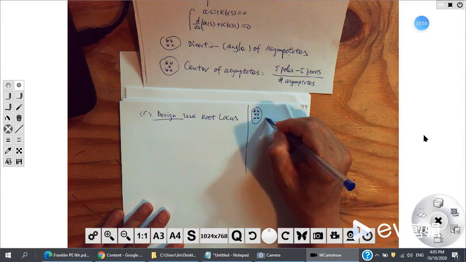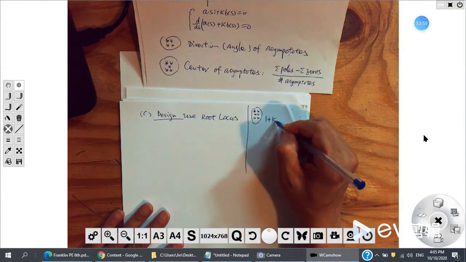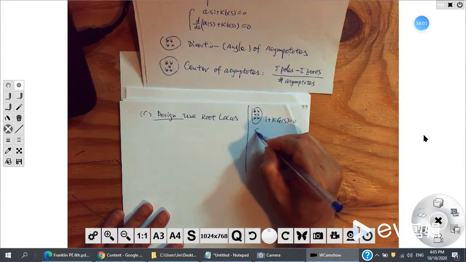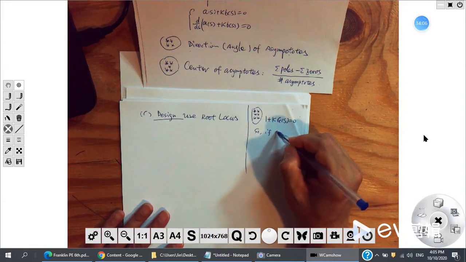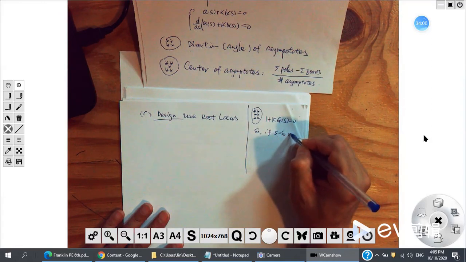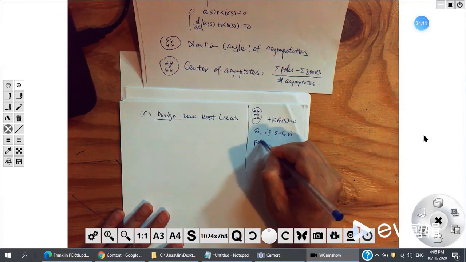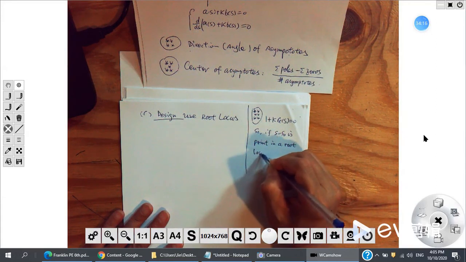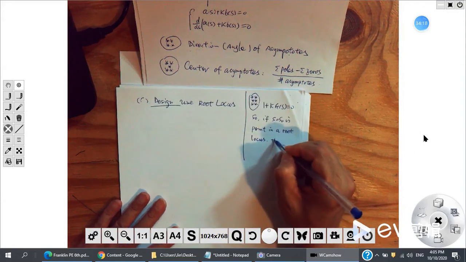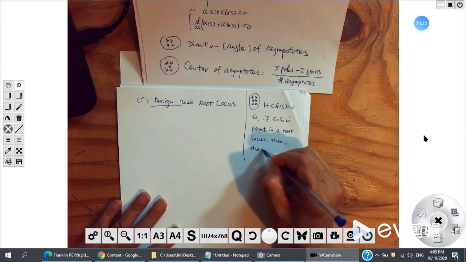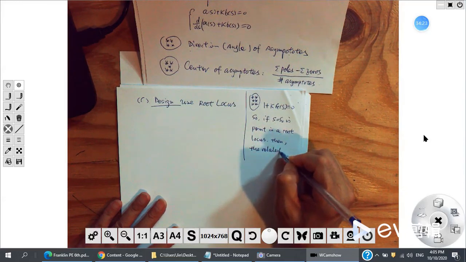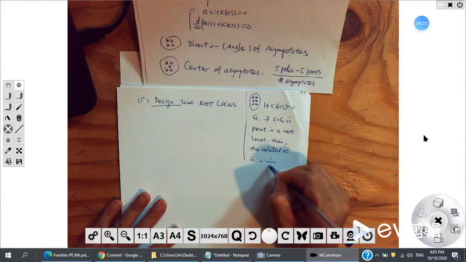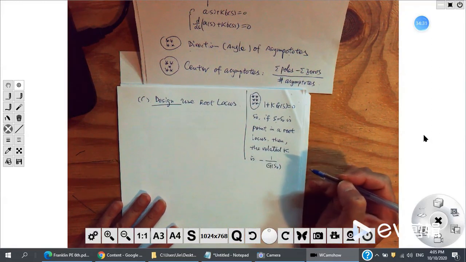1 plus K G(s) equal to 0. So if s equal to s0 is a point in the root locus, then the related K is negative 1 over G(s0).